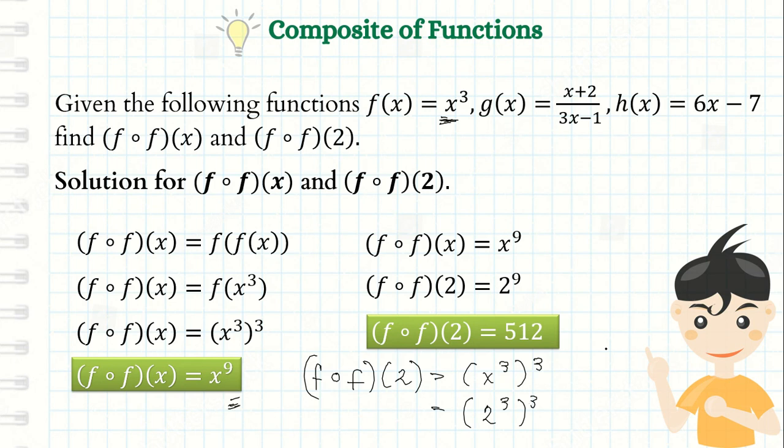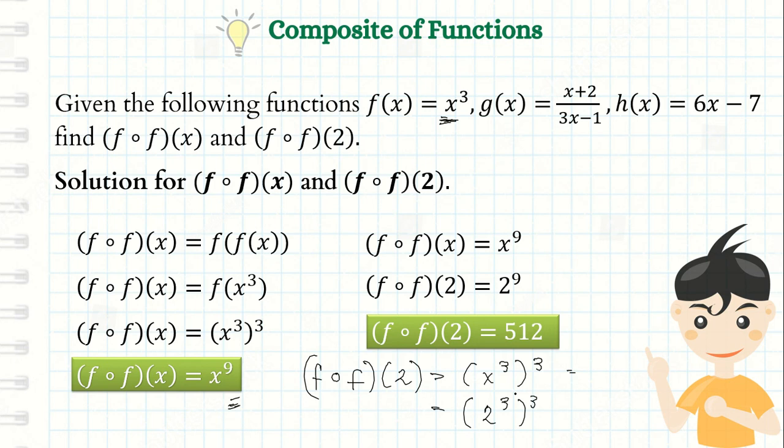Then after that, we simplify, or if you want, you can multiply 3 times 3 right away. But since we need to follow PEMDAS, which means parentheses first, we first expand 2 raised to 3.